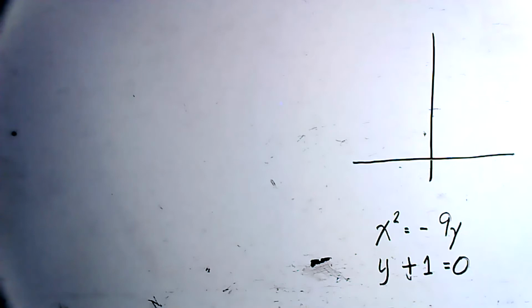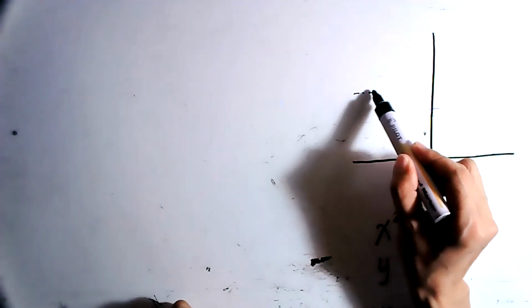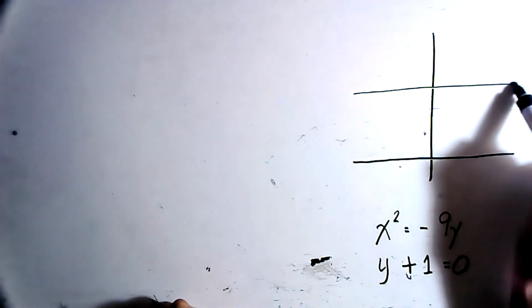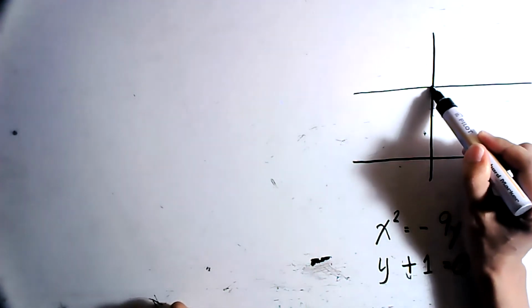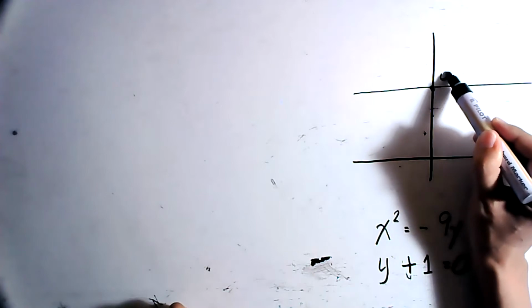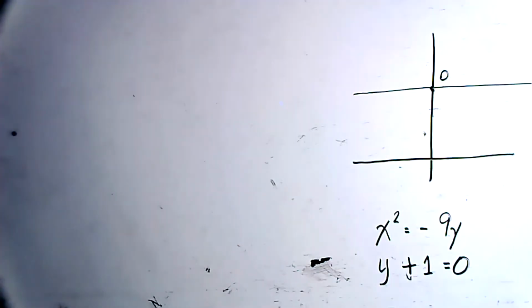Before we can draw the figure, take note that y plus 1 equals 0. If you have the Cartesian coordinate system here, and let's say this is our point of origin, then we will be able to draw the line y plus 1 equals 0.